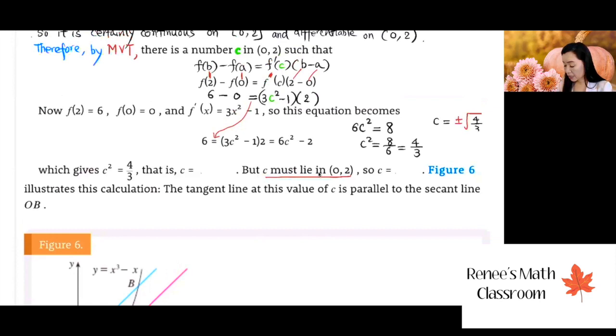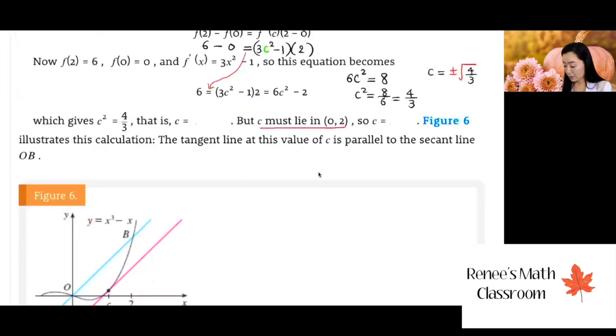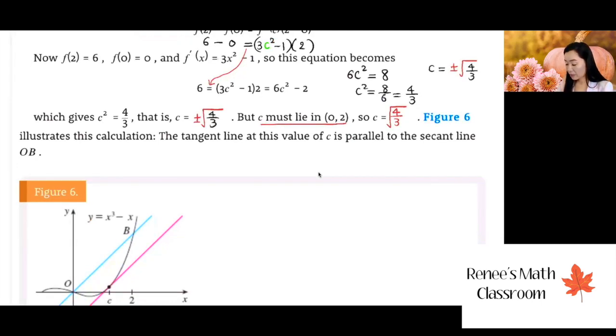Now because c has to be in this open interval 0 to 2, the negative one doesn't lie in it. So c will be equal to the positive square root of 4 over 3. So we only take the positive root.